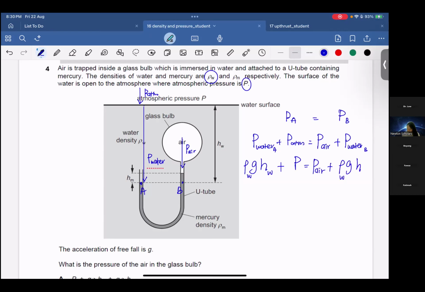Water is W, g is g, h here is the h that I want for B. This is the h I want for A point. So what is the air pressure?